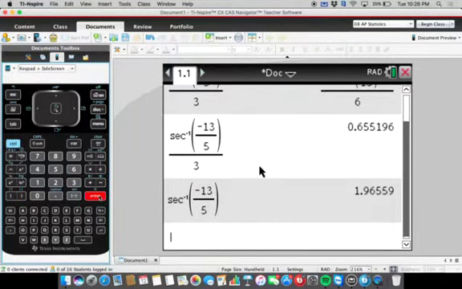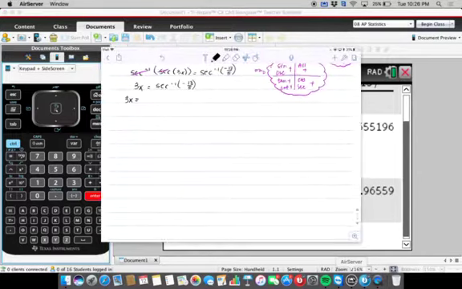This is the actual solution that we got: 3x is equal to 1.96559, and then we add 2k pi, since we're talking general solutions. Then you divide everything by 3.